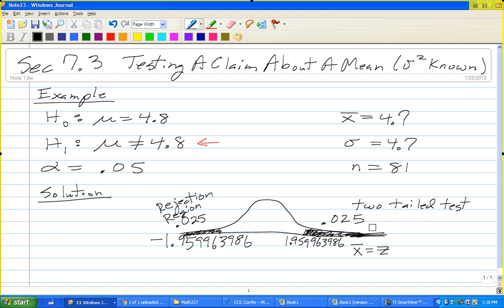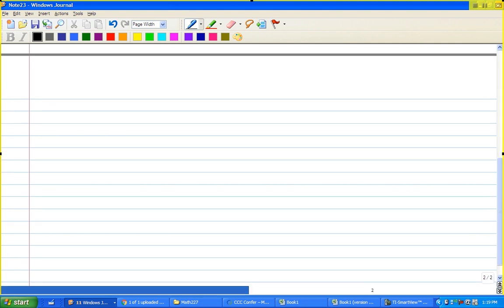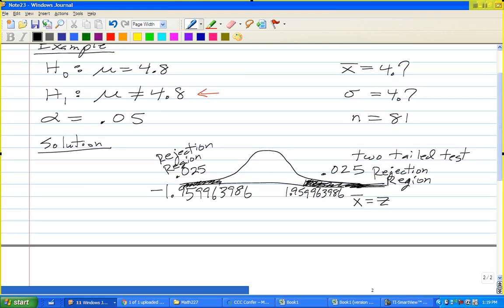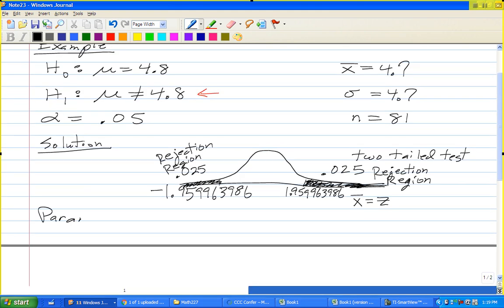Okay, let's try that again. Rejection region. Okay, good. So now let's find the parameters of my sampling distribution.